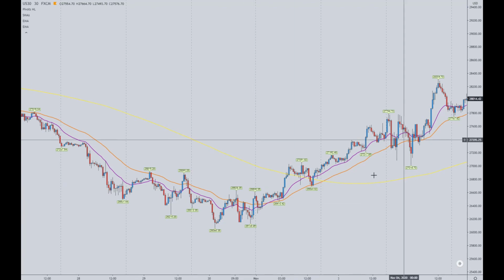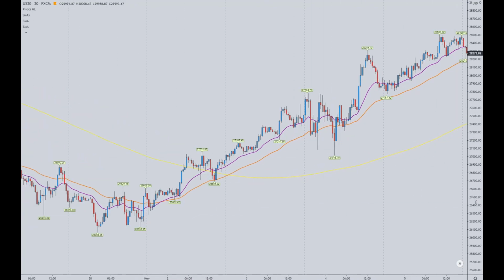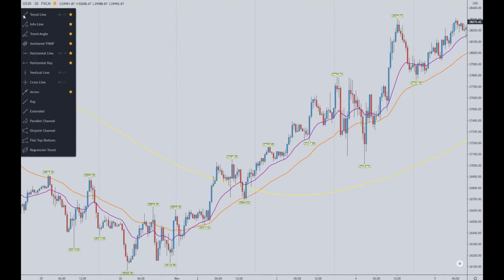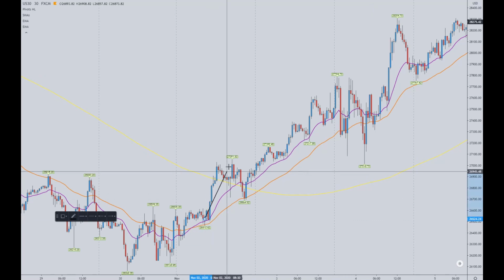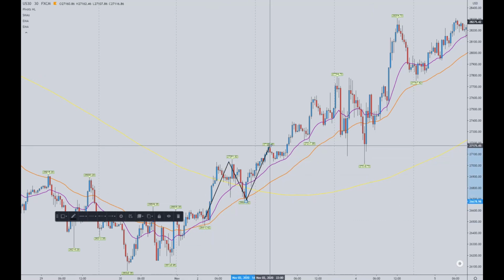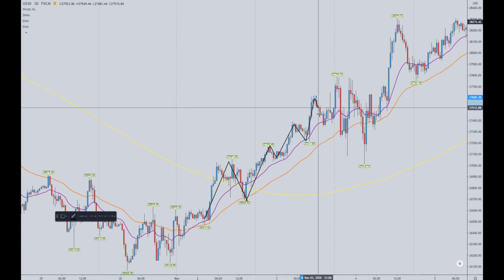Let's just look at the same example, the same trend that we just saw right here. So now you have this uptrend, and I'm looking for a way to enter the market.